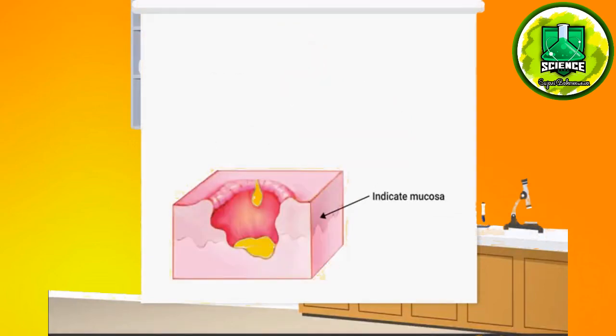Bleeding can take place. The reasons for this disorder are skipping of meals, consumption of acidic and spicy foods, excessive smoking, excessive consumption of alcohol, and mental stress.